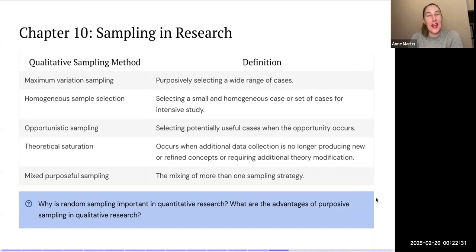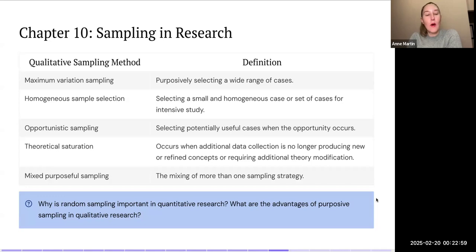Opportunistic, if there is the opportunity to find a case that could be really useful. This idea of theoretical saturation, continuing to sample and collect data and analyze data until the theory has emerged from the data, since qualitative is an exploratory technique, or mixed purposeful sampling where you combine elements of more than one.